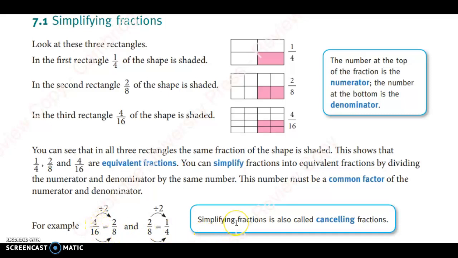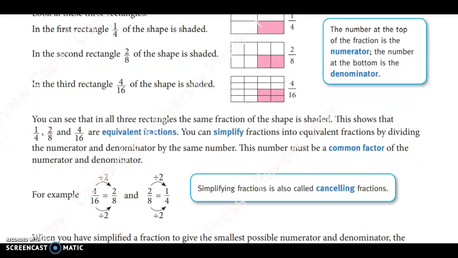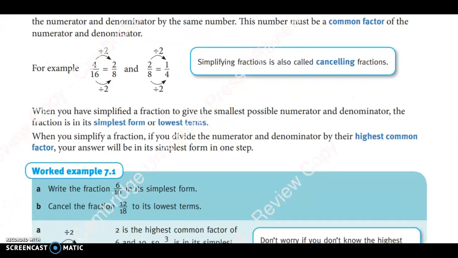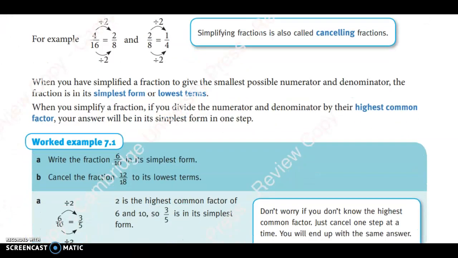Simplifying fractions is also called cancelling fractions, because we cancel the numerator and denominator, or we divide the numerator and denominator by the same number. When you have simplified a fraction to give the smallest possible numerator and denominator, the fraction is in its simplest form or lowest terms.